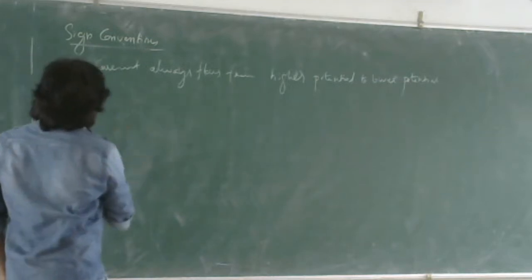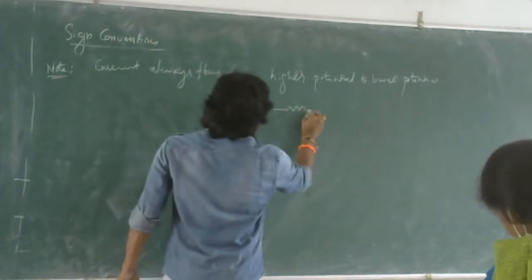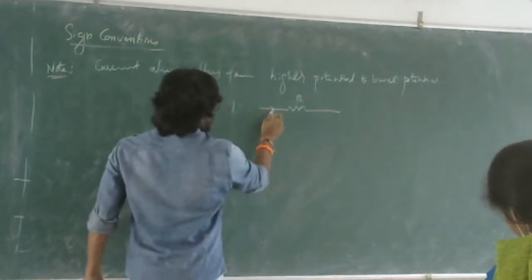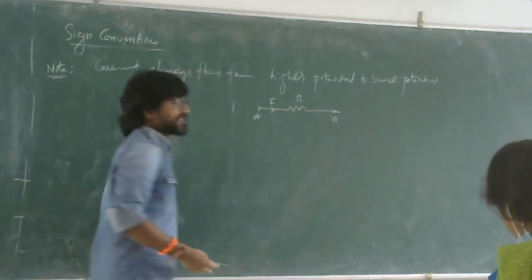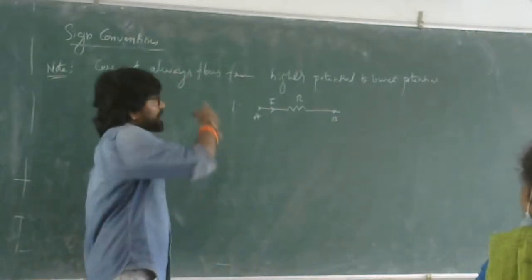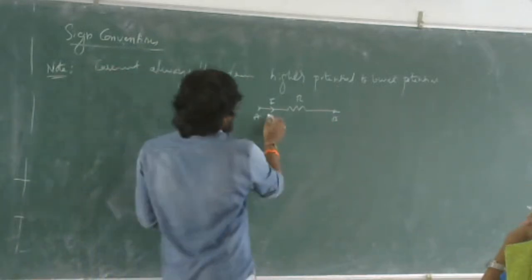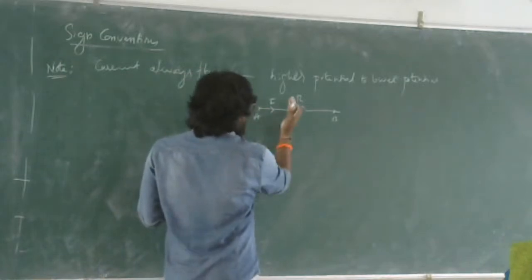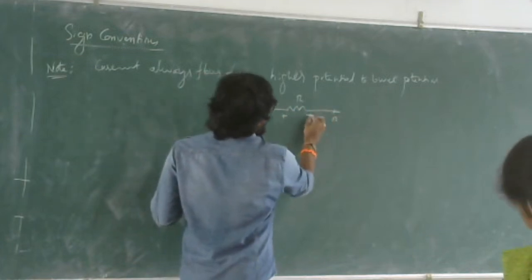If you observe the sign conventions, the first point: you have a resistor of resistance R, and current I is flowing from point A to point B. Current always flows from higher potential to lower potential, so the left side of the resistor, A, is taken as higher potential and the right side as lower potential.